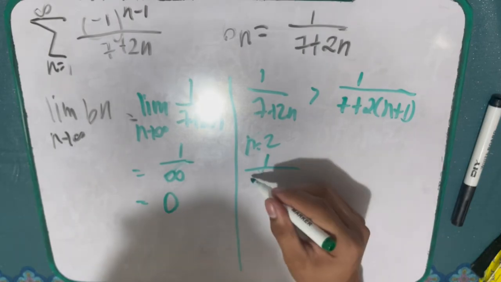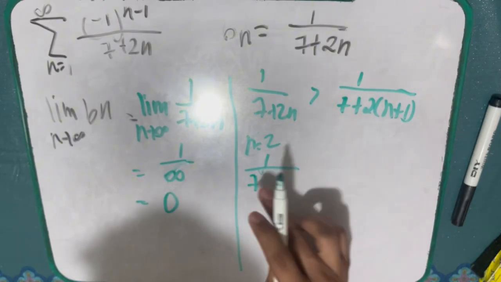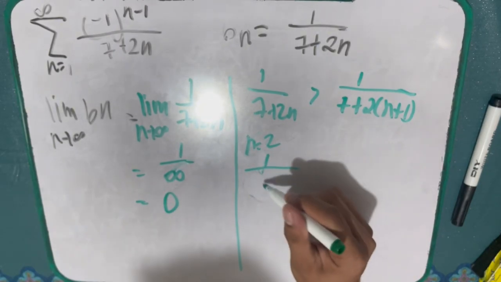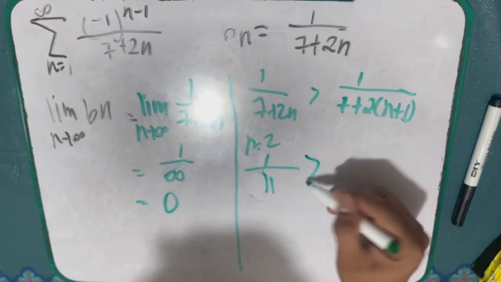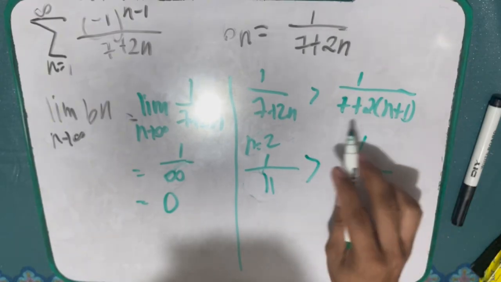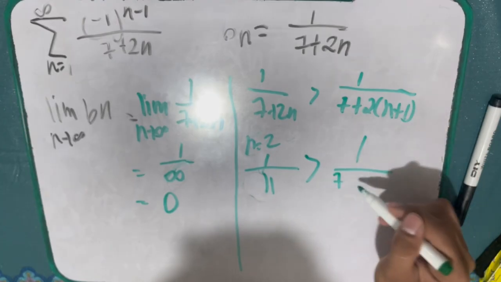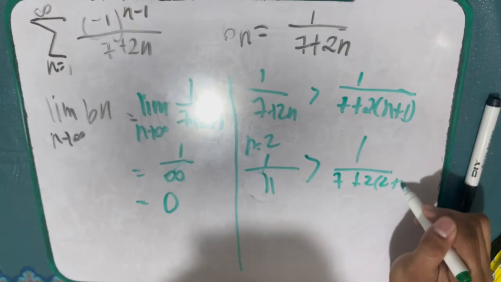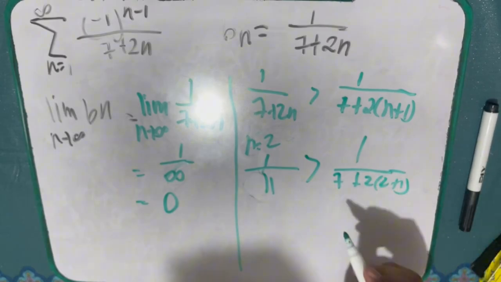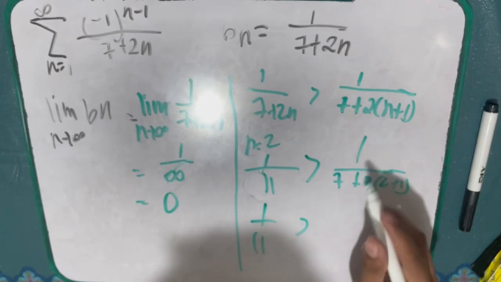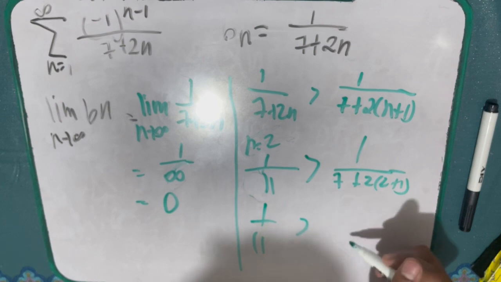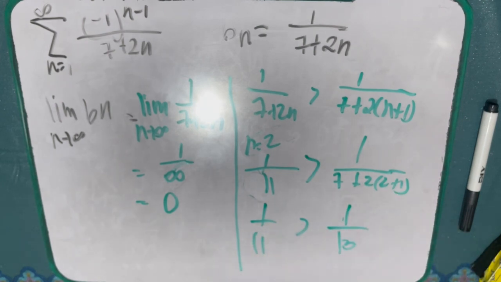So we have 7 plus 2 times 2 is 4, 4 plus 7 is 11. It's always greater than 1 over, since we have 2 here, 2 plus 1 is 3, 3 times 2 is 6, 6 plus 7 is 13, and the higher the denominator, the lower the value. So we can say that it is decreasing.